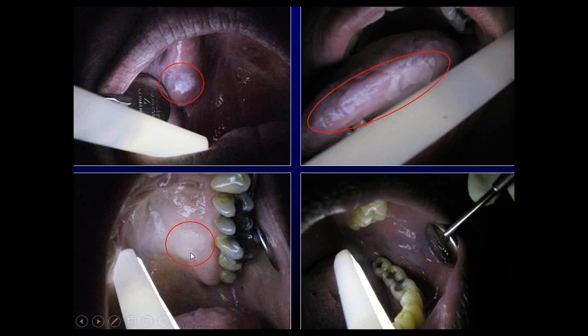Again, over here, a whiter area which has become more apparent and visible with the use of Vizilite. And this is just to give an example. This is a normal mucosa with no acetowhitening of any area, and therefore termed as normal mucosa.